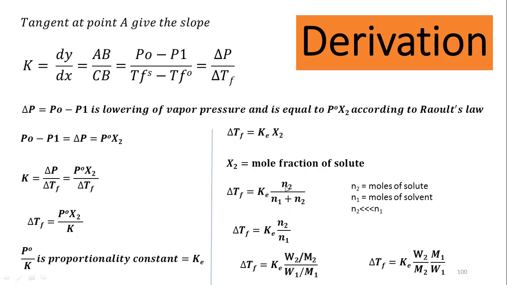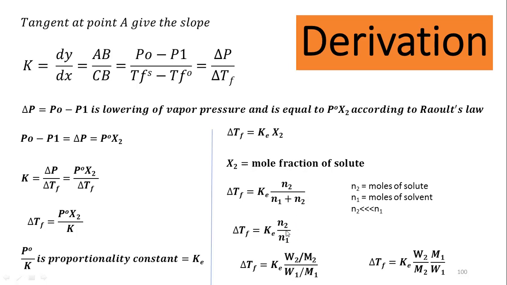That means X2 will be equal to N2 divided by N1 plus N2. Now, the moles of the solute are much less as compared to the solvent in a solution. So you can neglect the N2 in the denominator. So this equation will become N2 divided by N1.